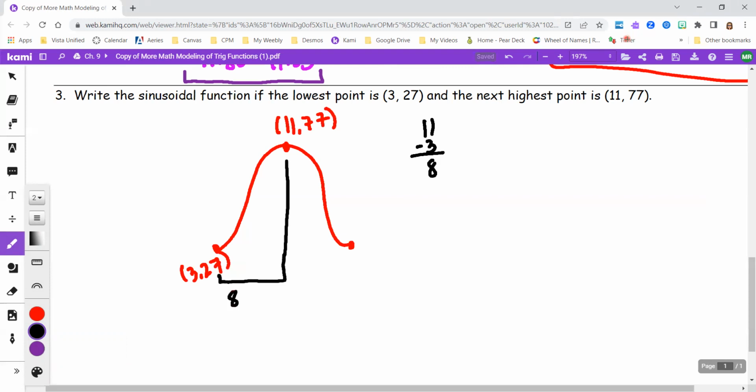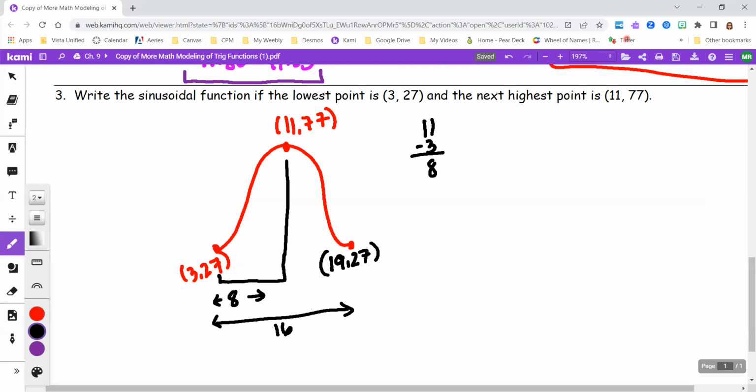So from here to the center is going to be 8. And then I'm going to go all the way across to here, which is going to be 16. So if I add 16 on 3 comma 27, I'm going to get 19 comma 27 as my low.